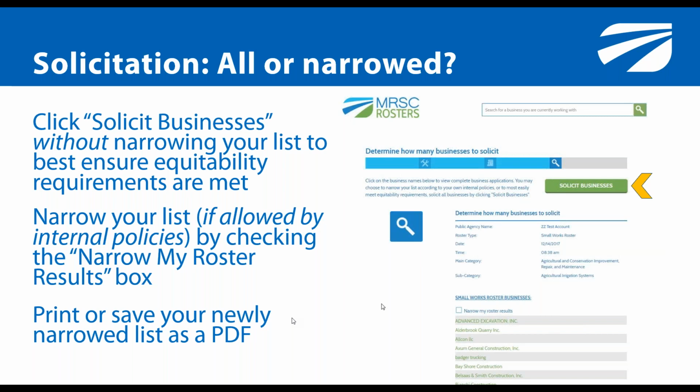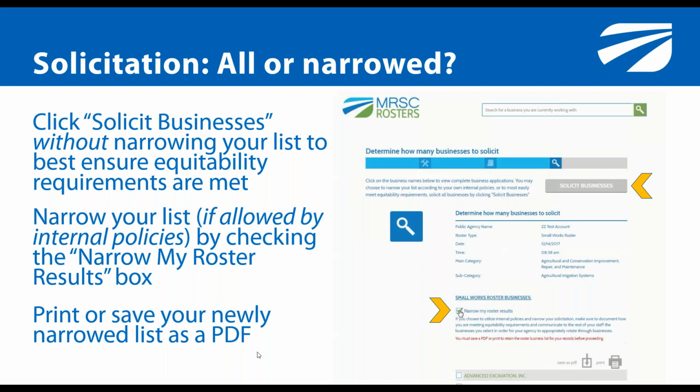Like I said, to meet those equitability requirements, the easiest way to move forward is to just solicit and move forward to the last page. Otherwise, if you're using an internal process, click this checkbox to narrow your results, and I'll show you what that looks like. From here, check that box.